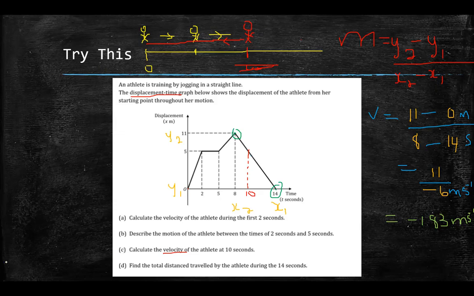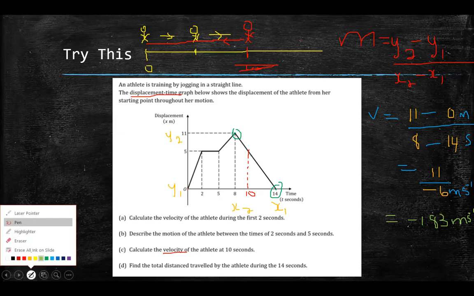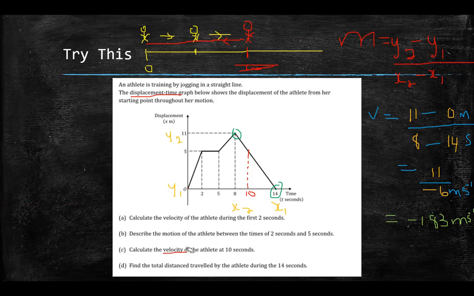No comment, okay. Well, I'm moving on. Find the total distance traveled by the athlete during the 14 seconds. So how would you do that? Any ideas?